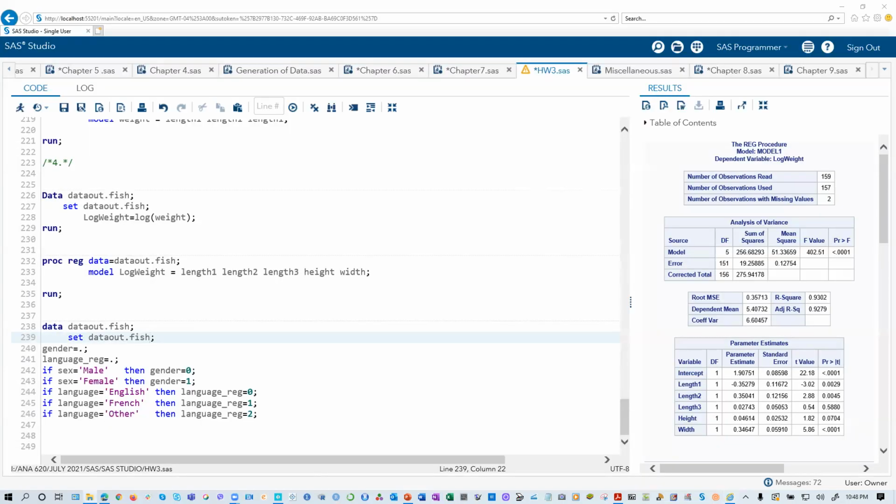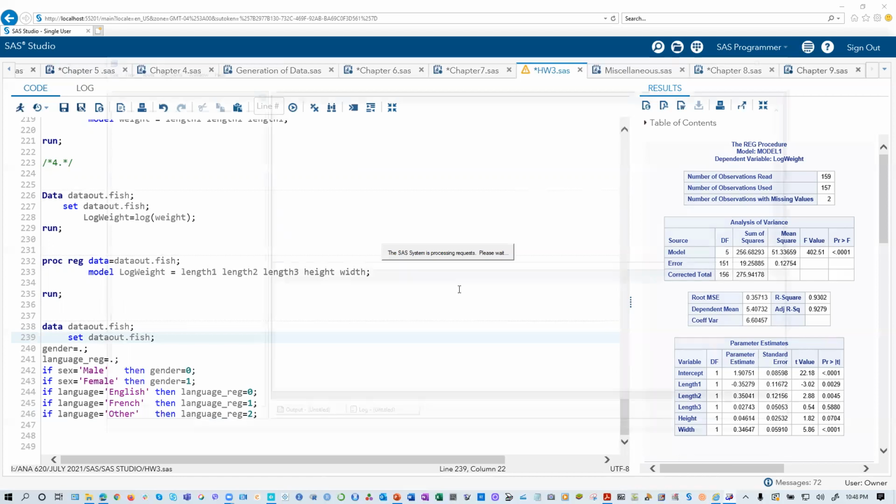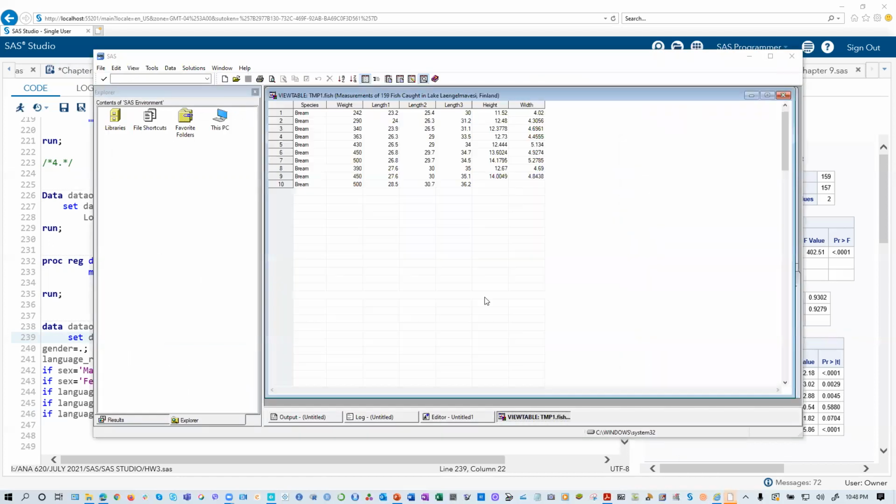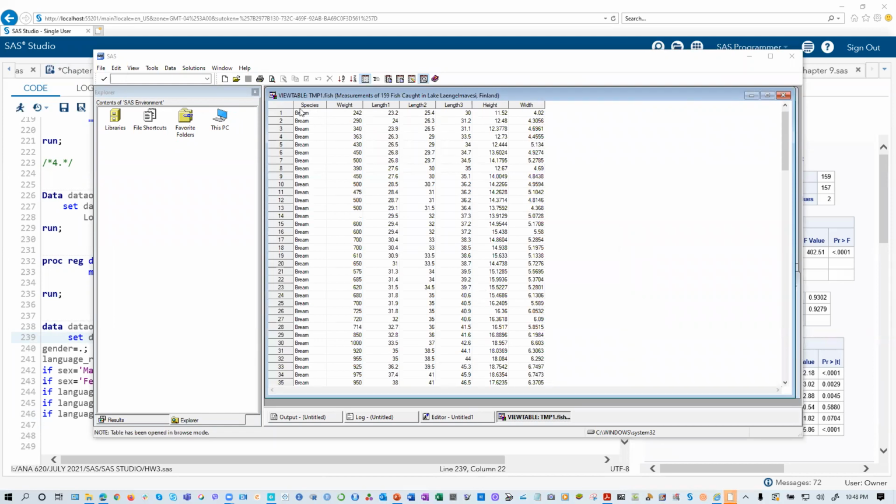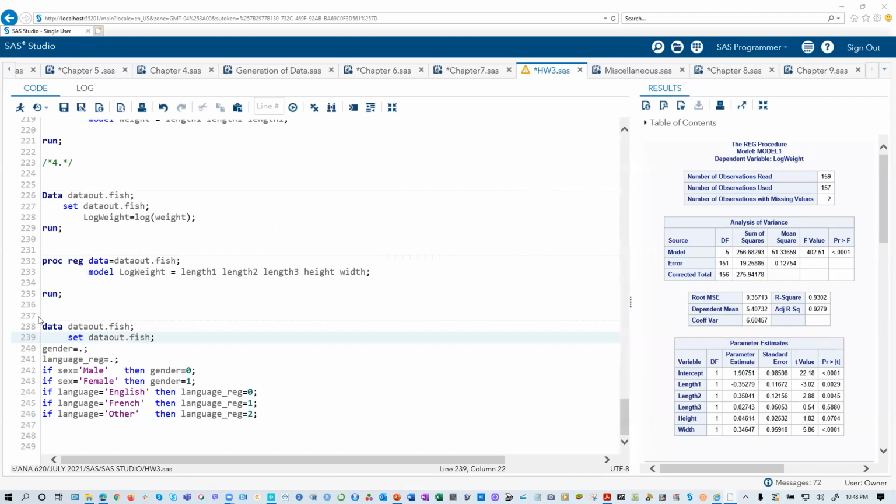I would like to go to the data set for the homework number 3 assignment. Homework 3, fish data. Let's see the fish. Yeah, that's the amount of the species. So we have those species.